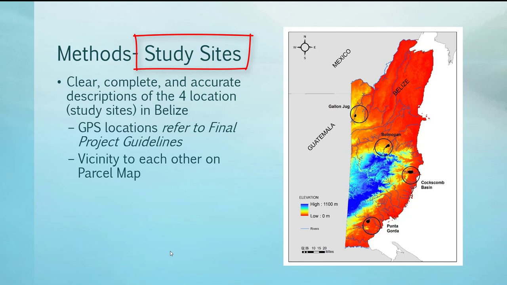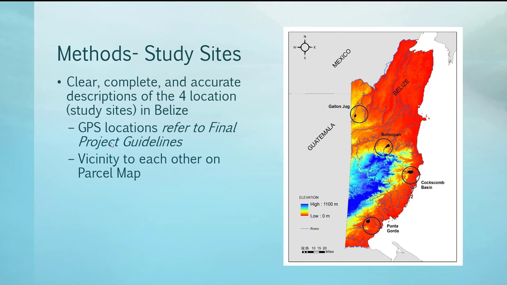Okay, so part of our rubric says that there needs to be clear, complete, and accurate descriptions of the 4 locations in Belize. So one thing that you'll need to do is you need to have the GPS locations of each of the sites. So within the final project guidelines assignment information, the GPS locations are listed there.